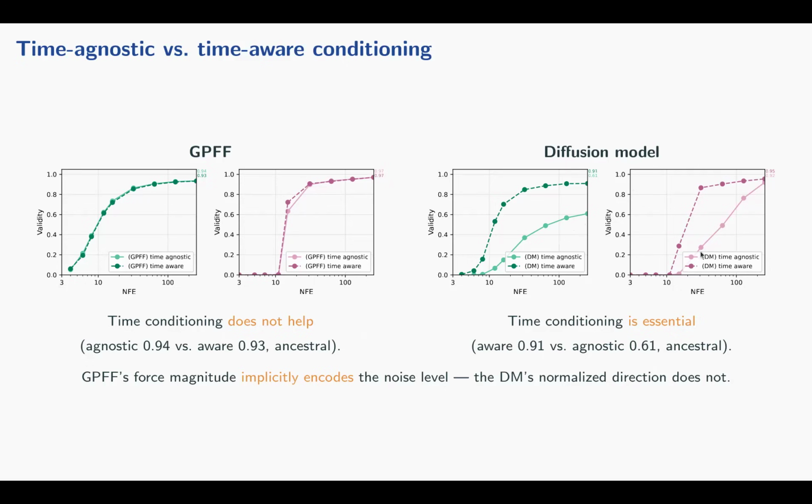And with Heun sampling, interestingly, at larger budgets for function evaluations, we end up in a similar regime, but for lower numbers of function evaluations, the performance is clearly decreased. So this shows that GPFF doesn't need the time step, and the time step also doesn't help, but the diffusion models need the time step in order to make good predictions.